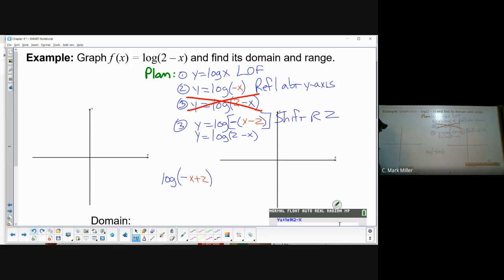So what that does, I don't know what that does. You really have done two things there. So see, whatever applies to the x has to apply to the 2 as well. And so if this negative sign applies to the x, if you're substituting, it's got to apply to the 2 as well. That would be the best way I could describe it. So you have to take the negative of x minus 2 to get 2 minus x.